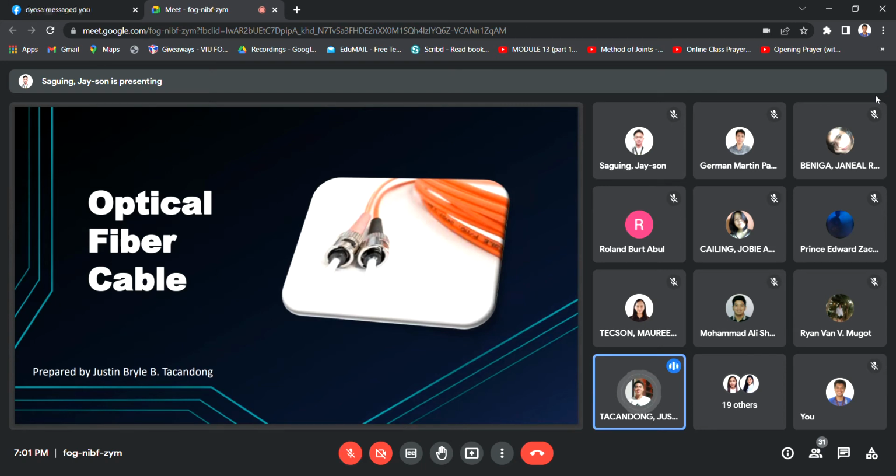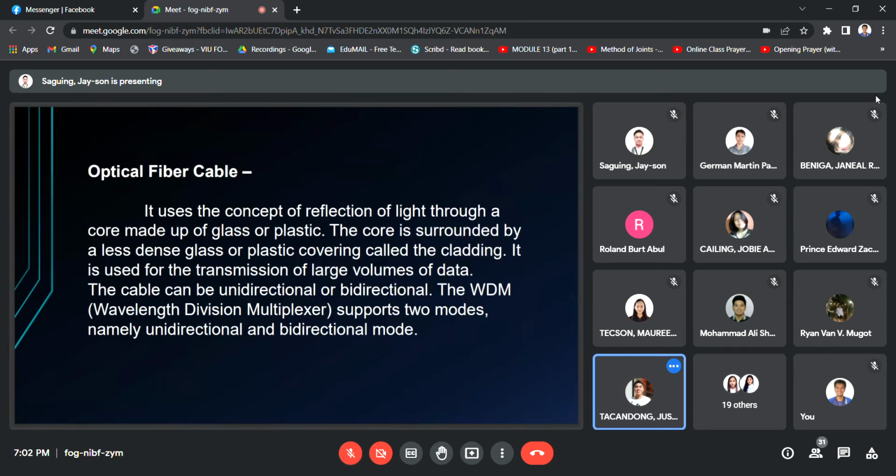So the third type of transmission media is the optical fiber cable. Next slide, please. So optical fiber cable uses the concept of reflection of light through a core made up of glass or plastic. The core is surrounded by a less dense glass or plastic covering called the cladding.